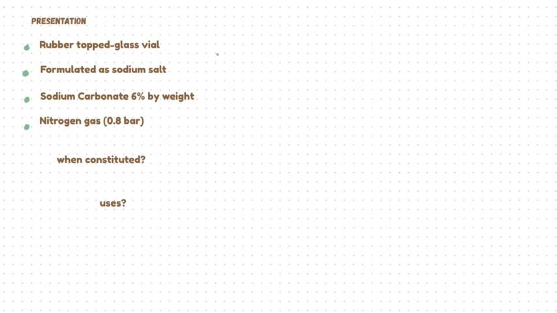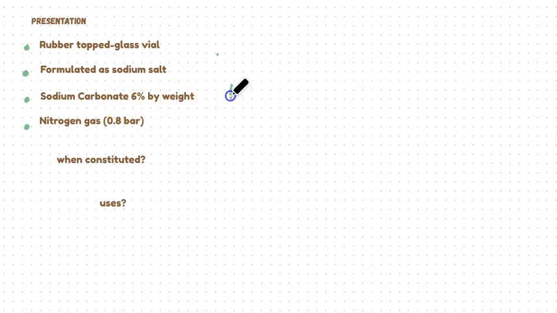Now let's talk about sodium thiopental presentation. It is presented in a rubber-topped glass vial. It is formulated as a sodium salt, a pale yellow powder containing sodium carbonate 6% by weight and nitrogen gas at 0.8 bar. Now, why the need for sodium carbonate?